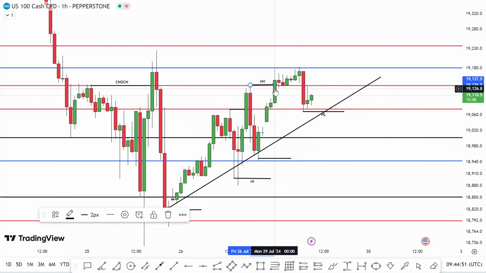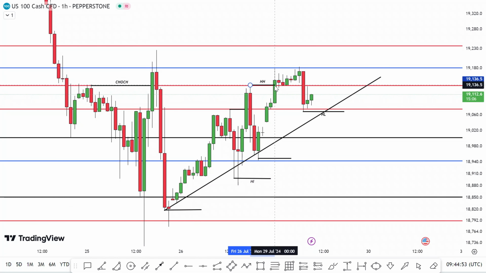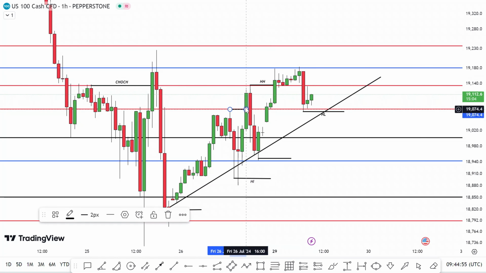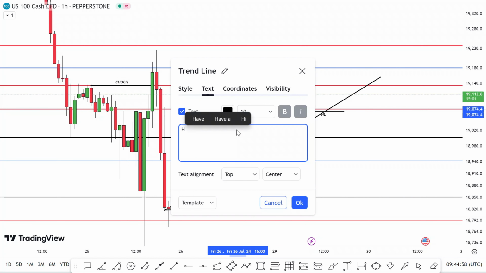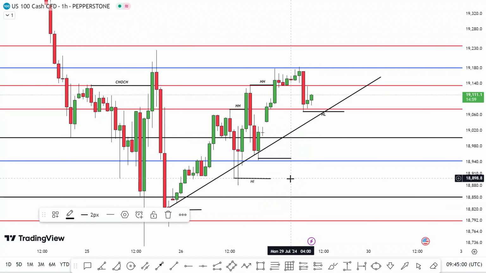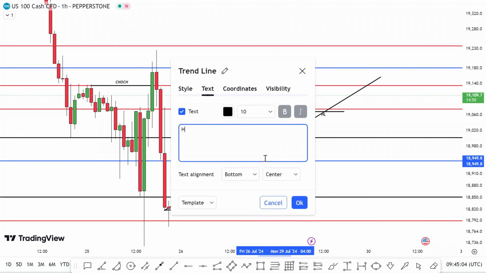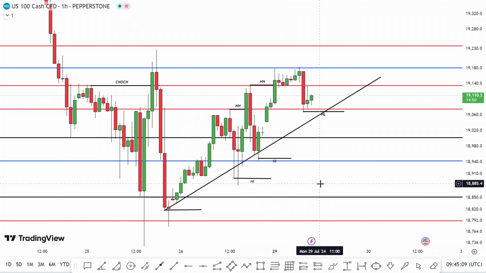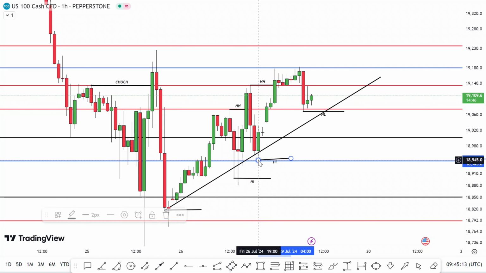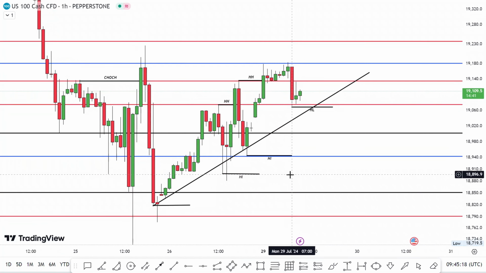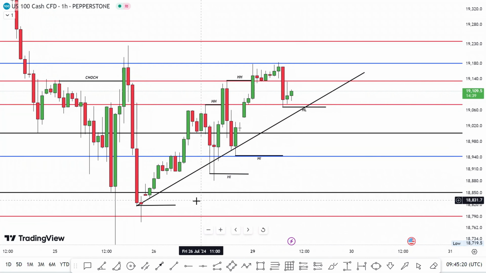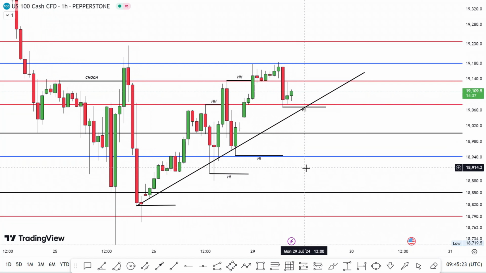These are just higher highs, higher highs, higher highs. Then these are higher lows. So we can say that we are still in an uptrend based on the pattern the market has given to us.